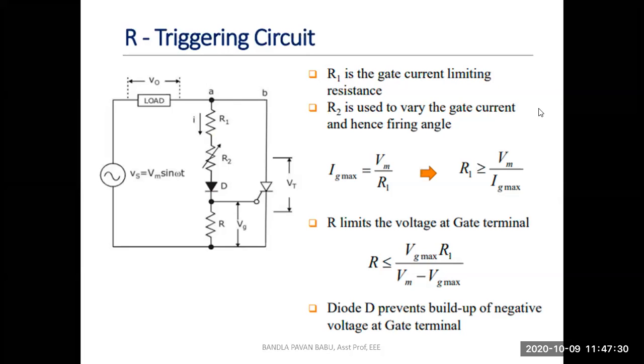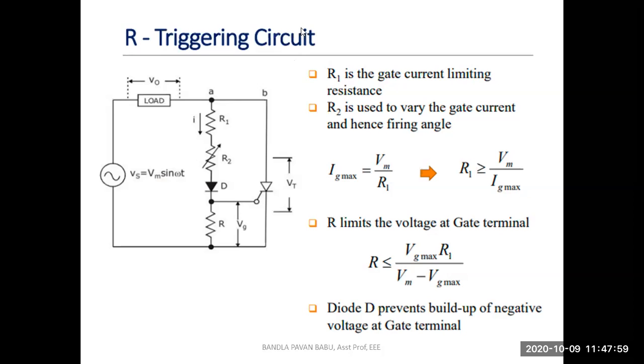They are discussed to analyze how, by using a resistor, we can make this SCR turn on. That is R triggering and RC triggering. The most preferred method is the gate triggering method. So let's discuss this resistance triggering circuit.